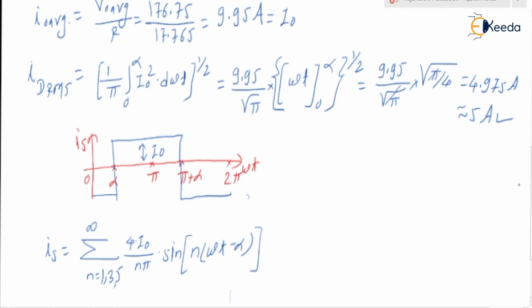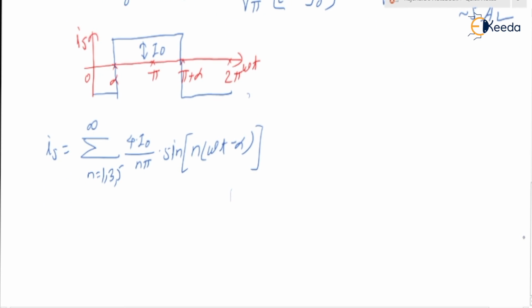If you check for n equal to 1, it is is1, the expression of the fundamental component of the source current. Put n equal to 1, so it is 4 into I0 divided by pi into sine of omega t minus alpha, right?